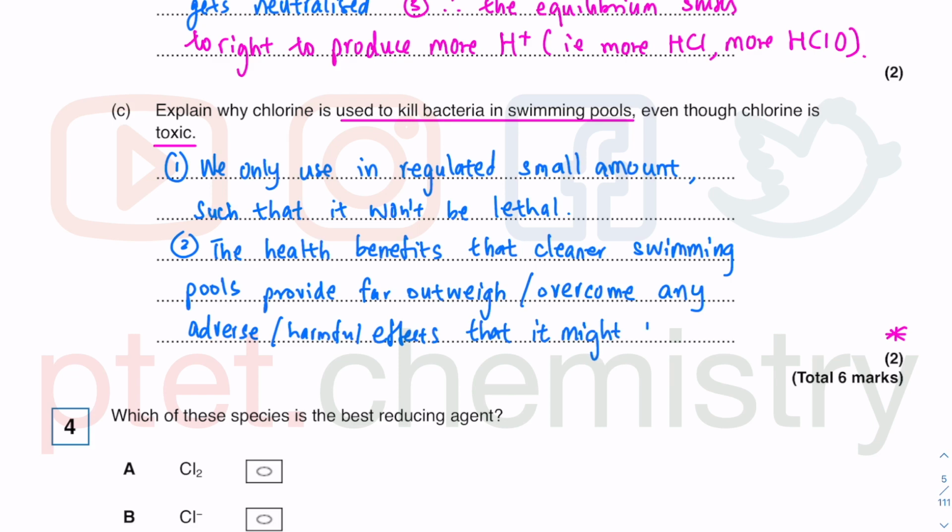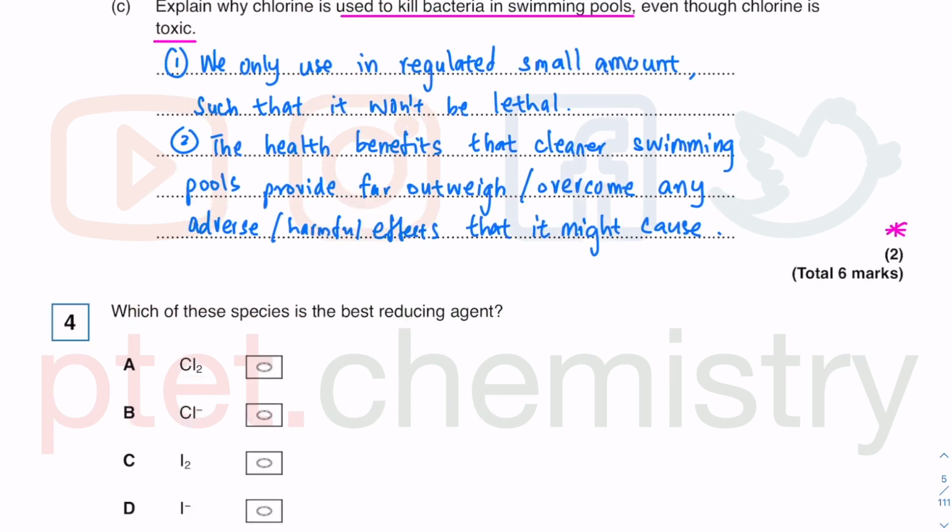But then obviously these are regulated heavily by the pool operators, by the government as well, such that the amount they're actually using is small. And that's it for that overall 6 marks question here.